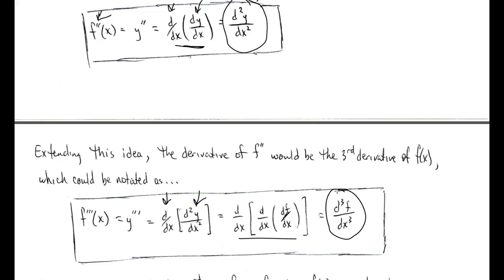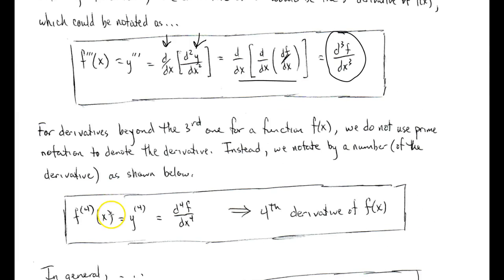So that would be a little long. So what we do beyond that is we just write a number here. So that's what I'm going to show here. If we want to take the fourth derivative or the fifth derivative or the eighth derivative, this is what it would look like. Okay.